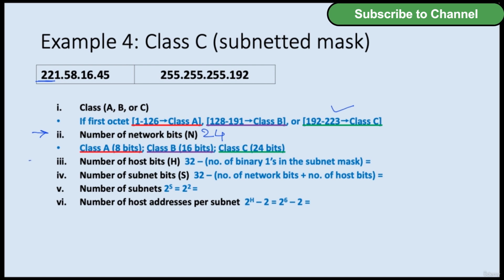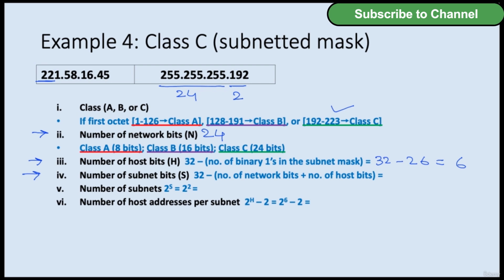The next thing is the number of host bits, and the formula is 32 minus the number of binary ones in the subnet mask. So these 255s, 3 times, means 24 ones, and 192 means 2 more ones. So total 26. So 32 minus 26 gave me the value 6. So host bits are 6 here.